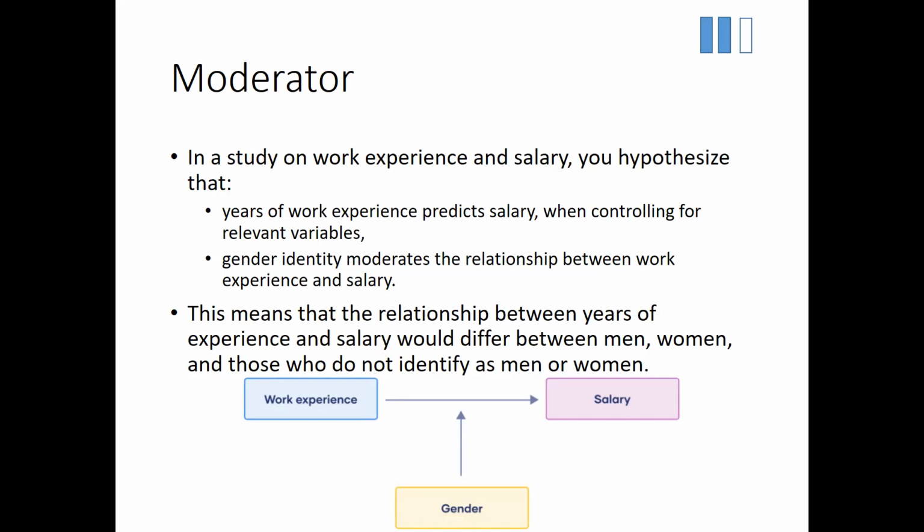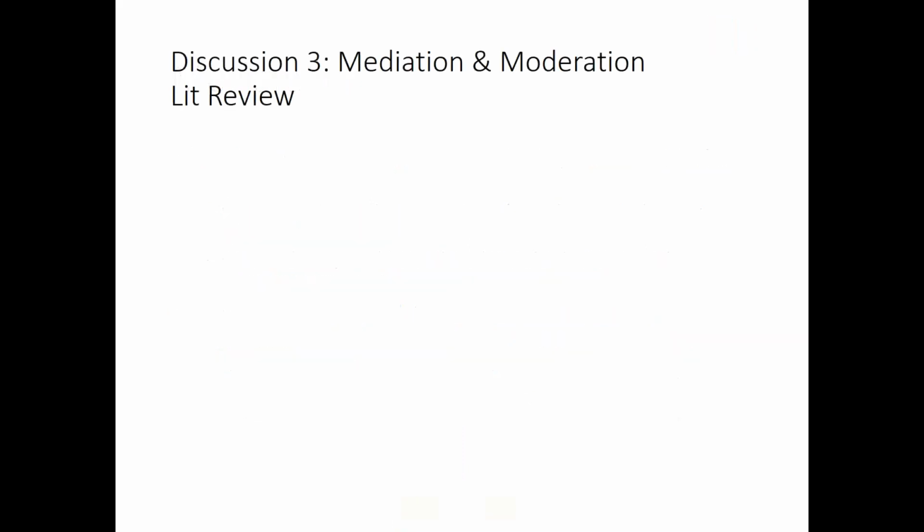If we have a range of about $15,000 that we can pay somebody, let's just say 50 to 65,000, someone coming in with 20 years of experience is much more likely to get that $60,000 to $65,000 offer. But what we found, in looking at corporations, private industry, that sort of thing, is that gender is a very strong moderator between work experience and salary. So again, just another example.